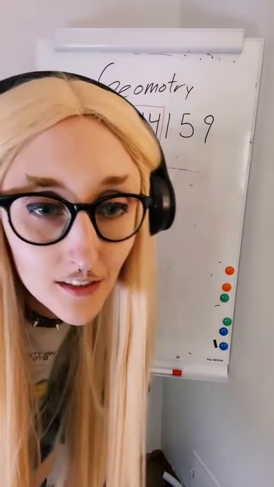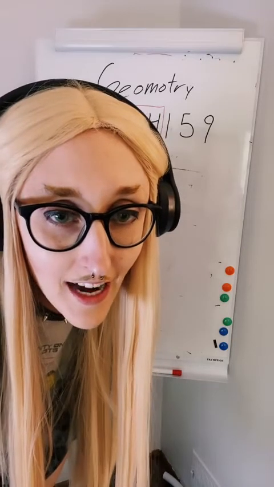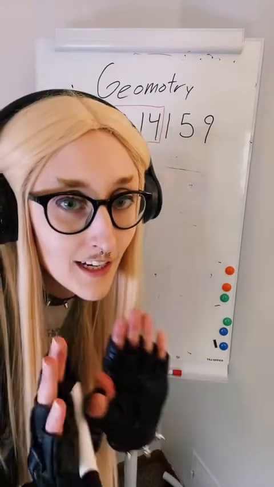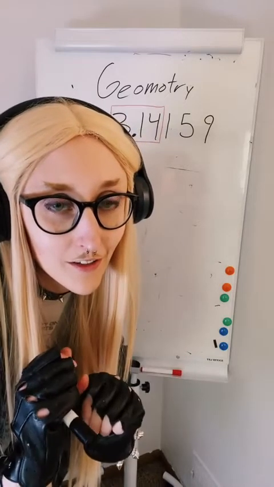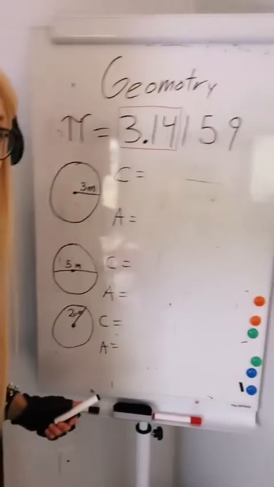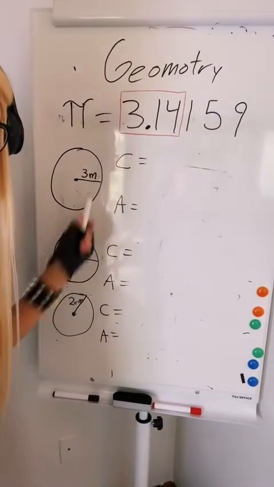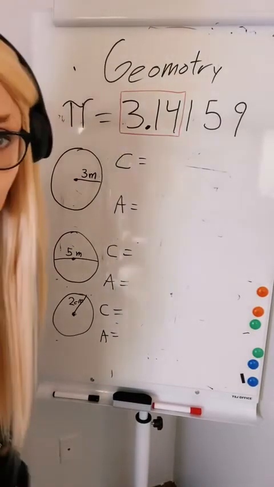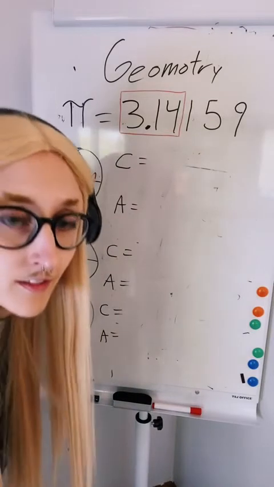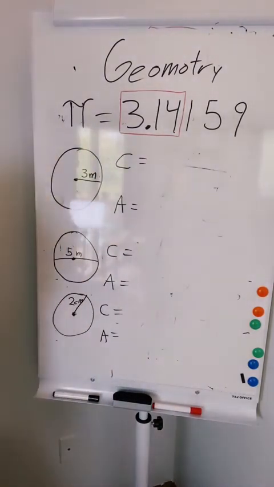I'll bring it a little closer while you solve them. Give them a try. All right, I've mixed up radius and diameter. Give them a try, and we're going to go over them in just a bit, okay? So try these out. Hope we can see them okay. We've got 3 meters, 5 meters, 2 centimeters. Give it a try. Try and solve these. Try and remember our equations we just talked about.